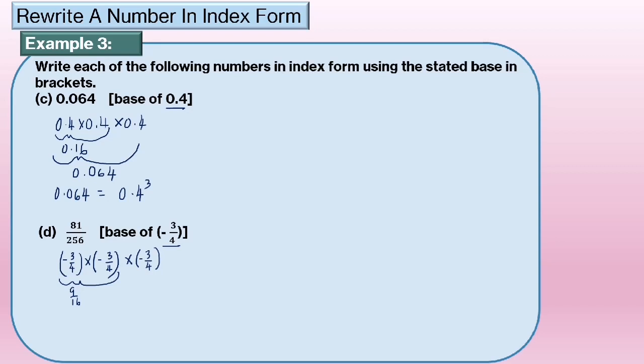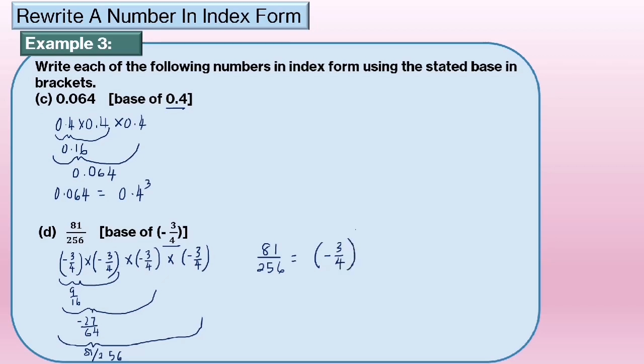So 9 over 16 times negative 3 over 4, you will obtain negative 27 over 64. Again, multiply again negative 3 over 4. That means negative 27 over 64 times negative 3 over 4. Okay, so now you obtain the answer, 81 over 256. So the conclusion is 81 over 256 equals negative 3 over 4 power of 4.